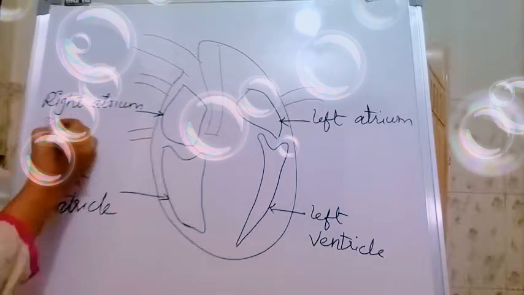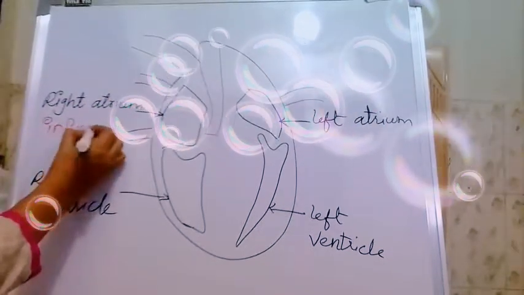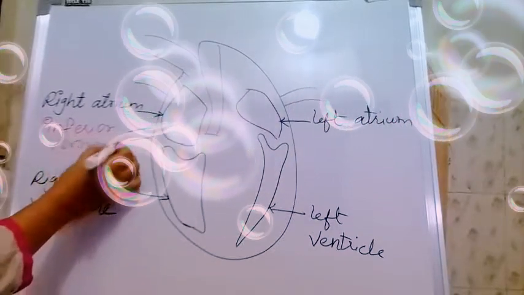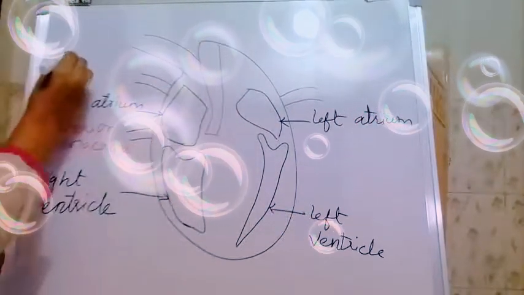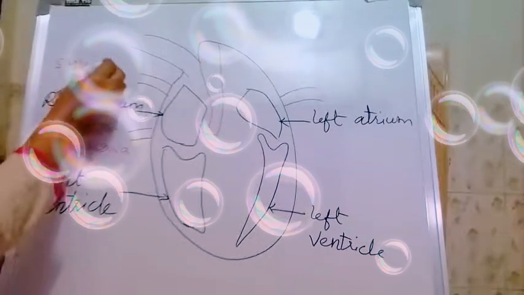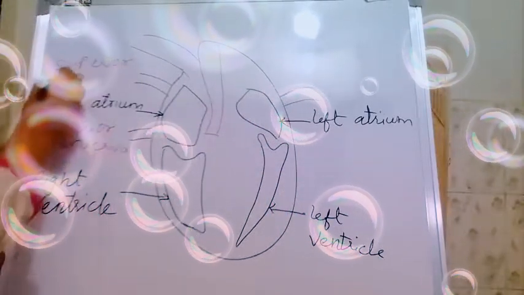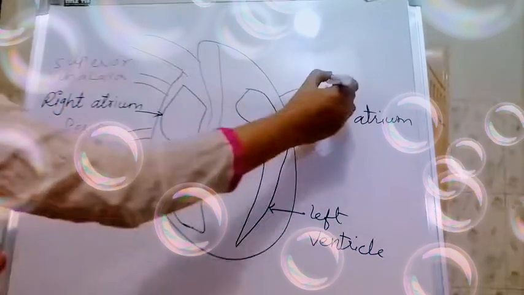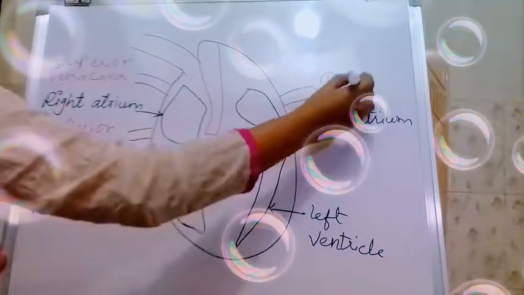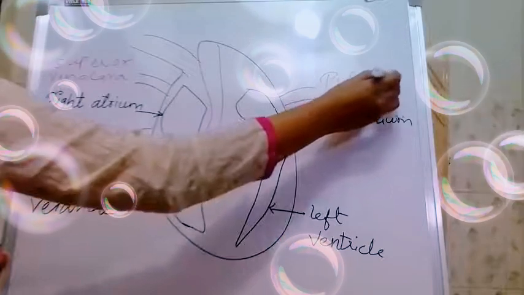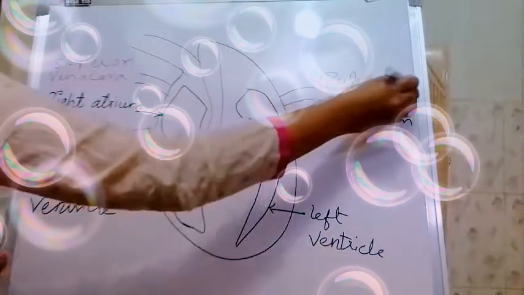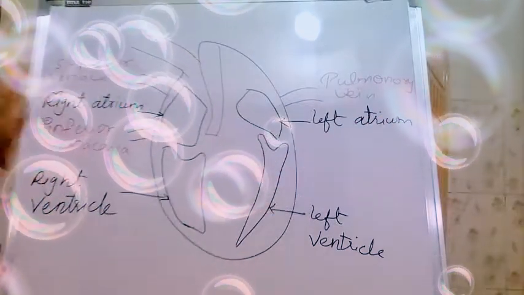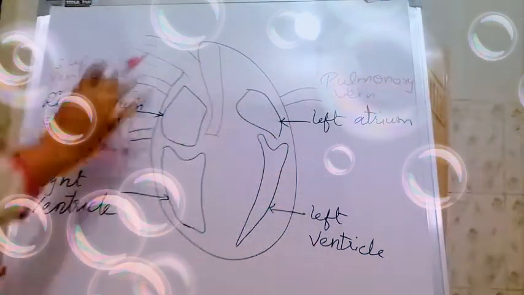This is the inferior vena cava. This is the superior vena cava. And this is the pulmonary vein. So now we have labeled all the 4 chambers and the veins.